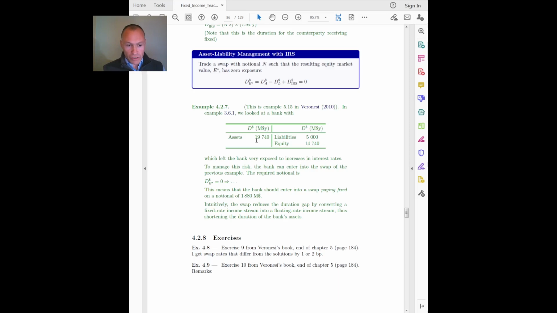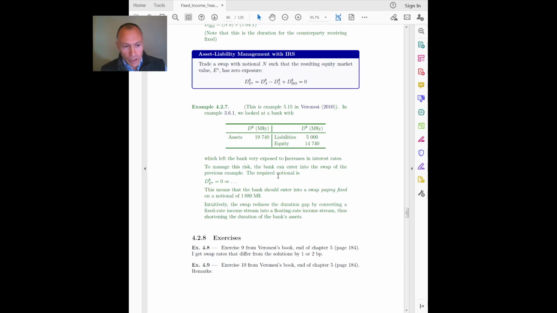So we did all these calculations already. We computed the dollar duration of the assets back there, the dollar duration of the equity back there, and by difference this was the dollar duration of the equity, which, as you can see, is a large number, which reflects this mismatch between very long assets and short liabilities.